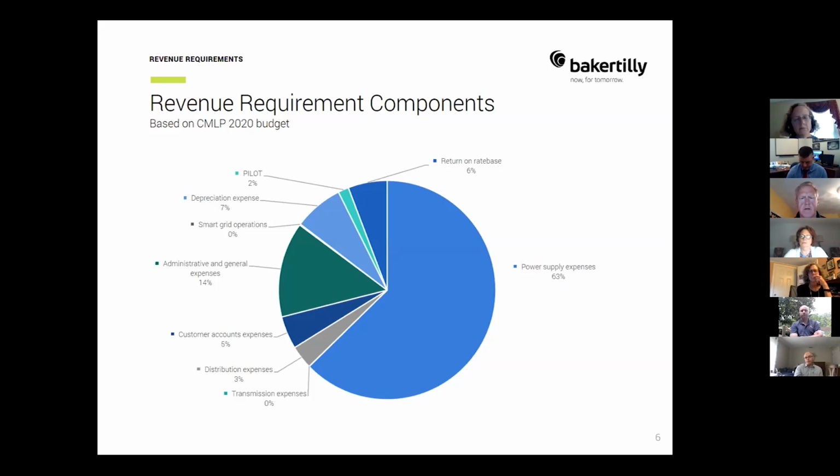Well, the cost of service study can tell you what the cost of service is for each one of these categories. So for power supply, we could say this much is fixed power supply versus variable power supply. But the revenue side of the equation comes from your budget, which doesn't really break it out in that finite of a look.